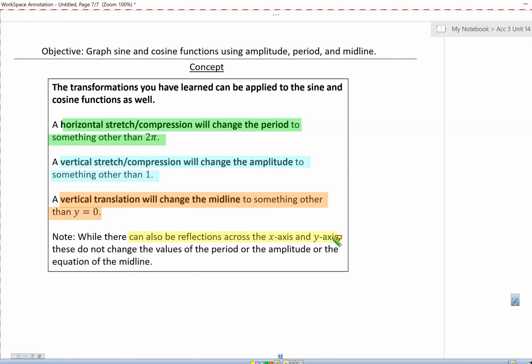When we have these, they do not change the period, amplitude, or the equation of the midline. The one thing I didn't mention here is a horizontal translation, shifting left or right. That in trigonometry is what we call a phase shift, and we are going to talk about that in a future lesson.